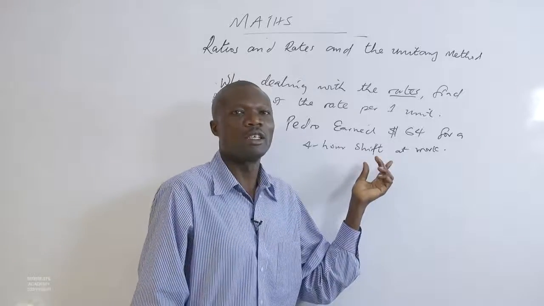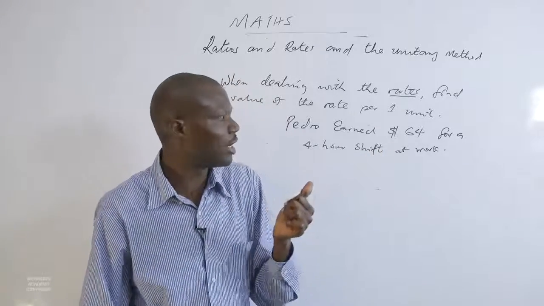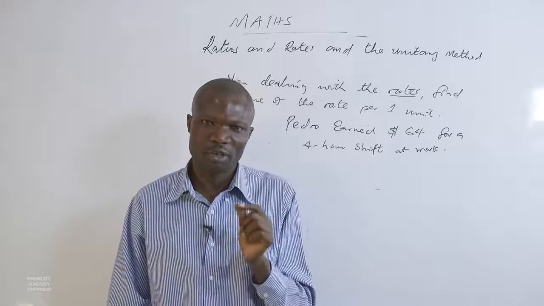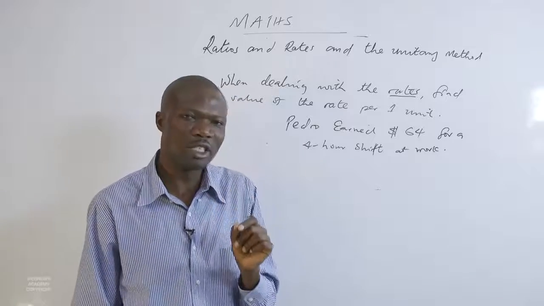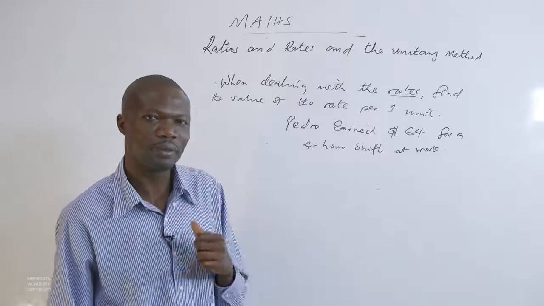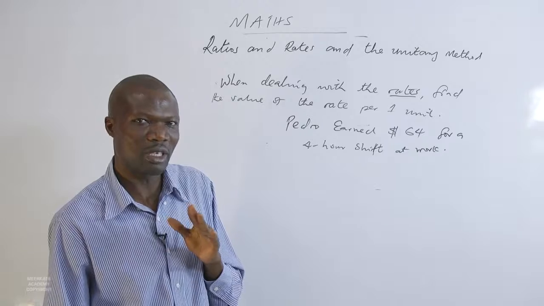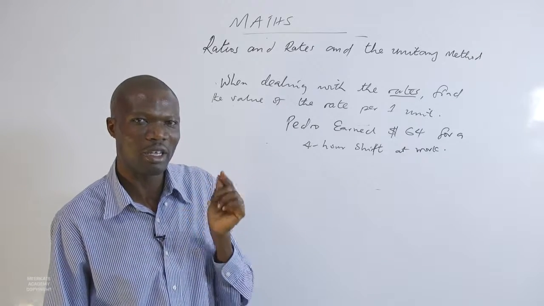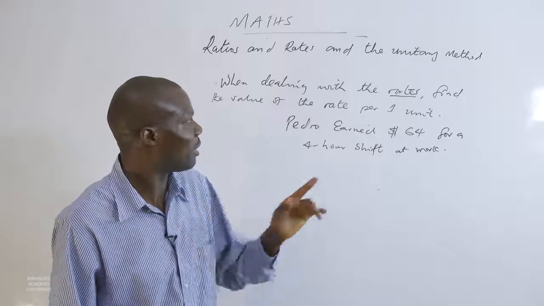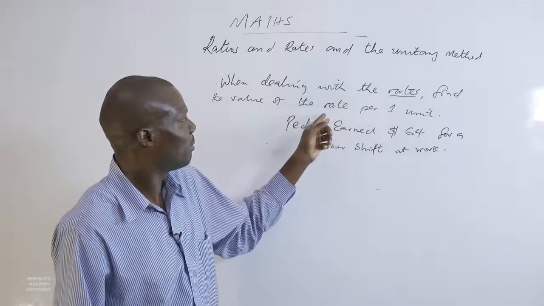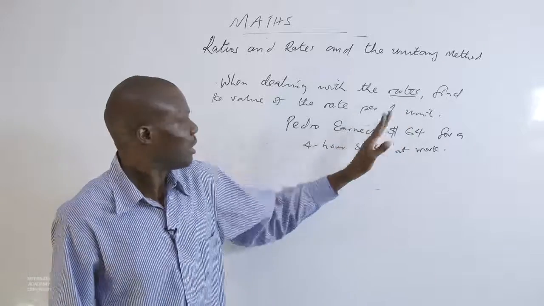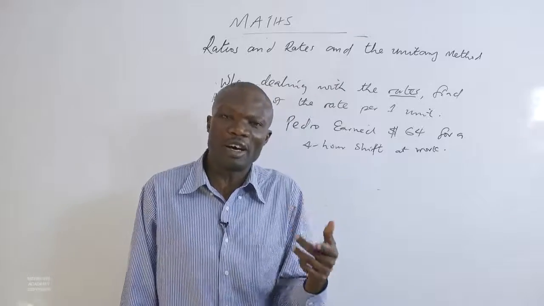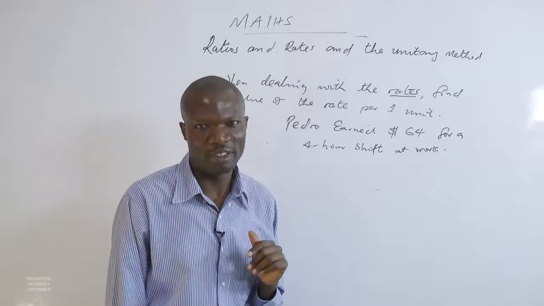Pedro earned $64 for a 4-hour shift at work. What comes to your mind? Rate per hour. Rate per unit. So the question here would be, how much does Pedro earn per hour?